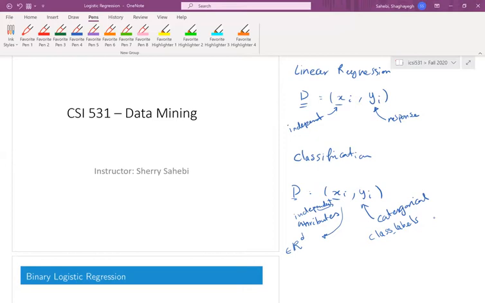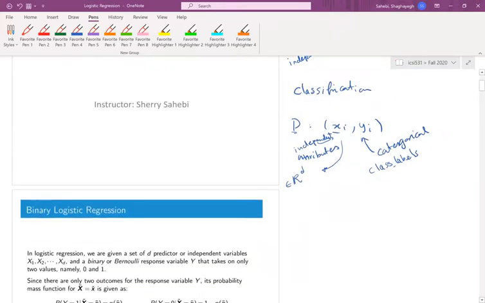When you have a binary classification task, usually what we do is that instead of yi being cat or dog, we encode these 2 classes numerically. So for example, if it is a cat, we say yi is 0.